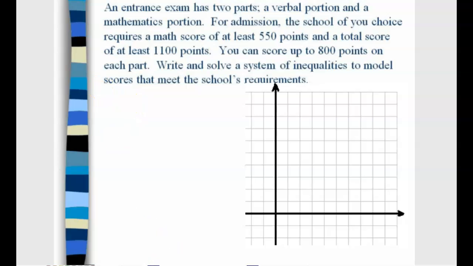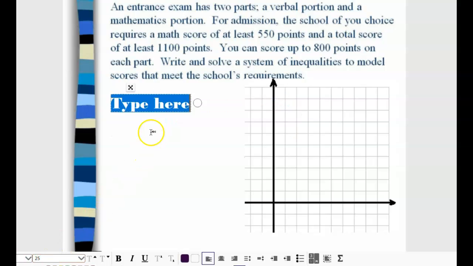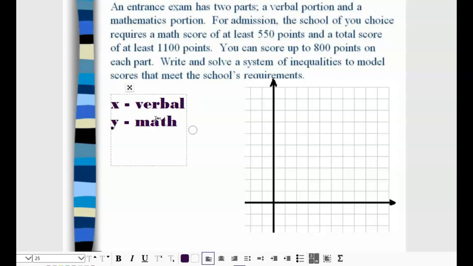So we're going to make X verbal. And we'll say that Y is math. And then it says for the admission to your school of your choice, it requires a math score of at least 550 and a total score of at least 1100.